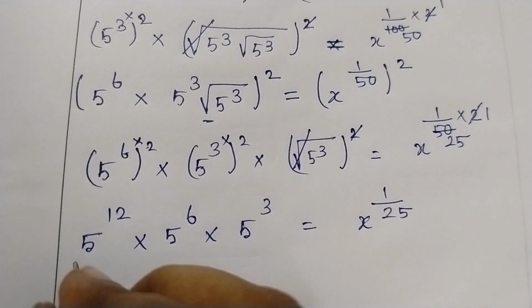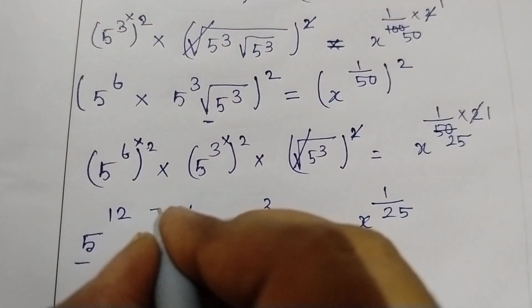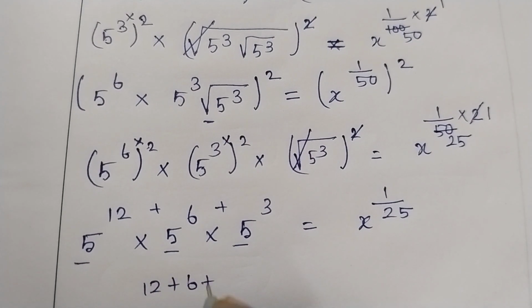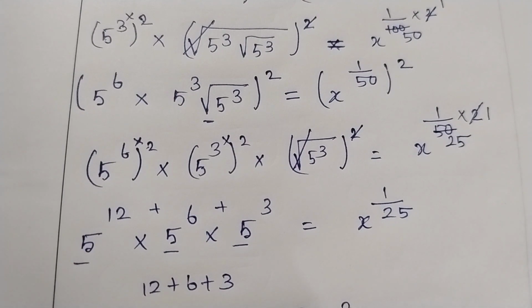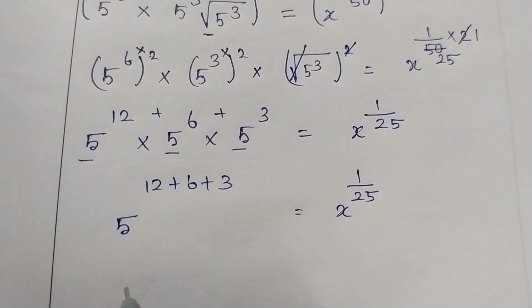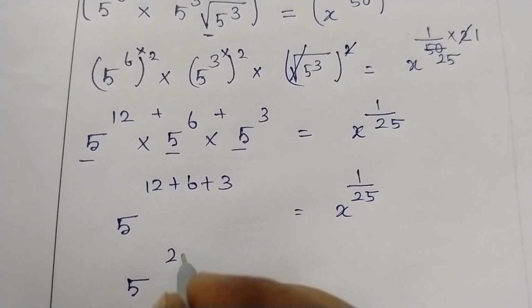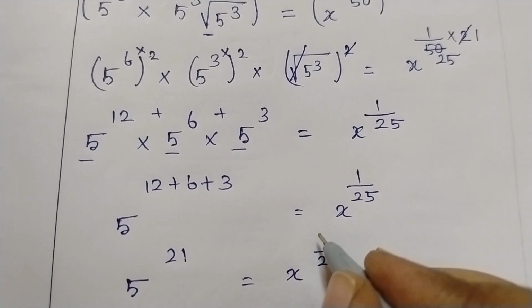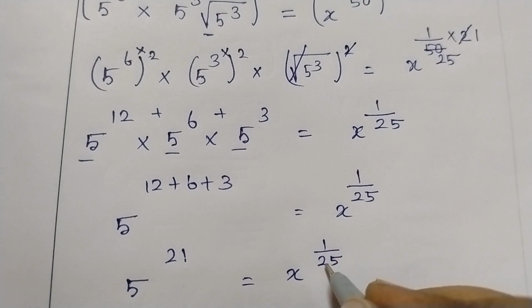Okay. If base is same in multiplication, the power gets added. So therefore 5 power 12 plus 6 plus 3 which is equal to x power 1 by 25. Okay. If I add everything, I will get 5 power 21 which is equal to x power 1 divided by 25. So we need only x. So in order to cancel this, what do we have to do?